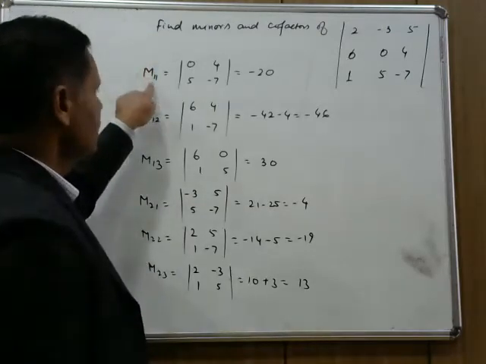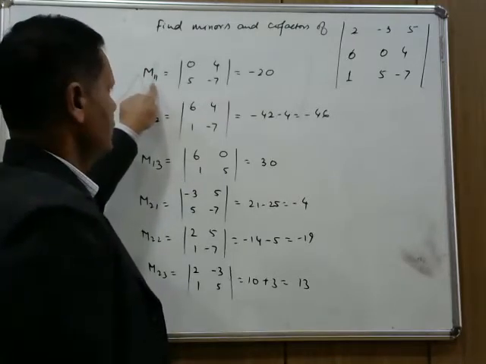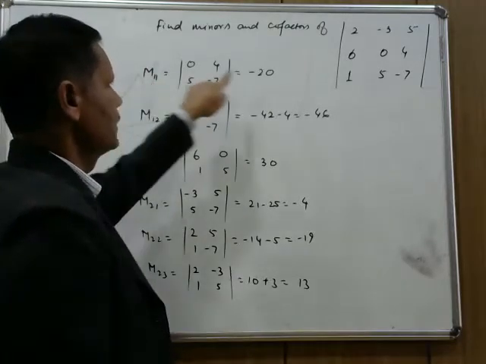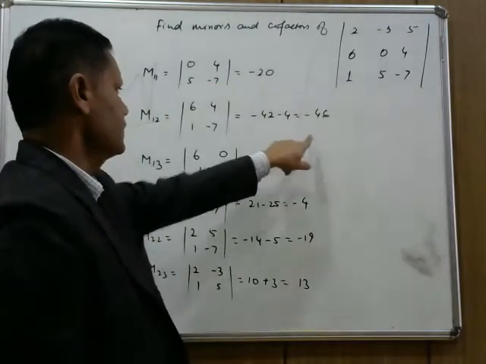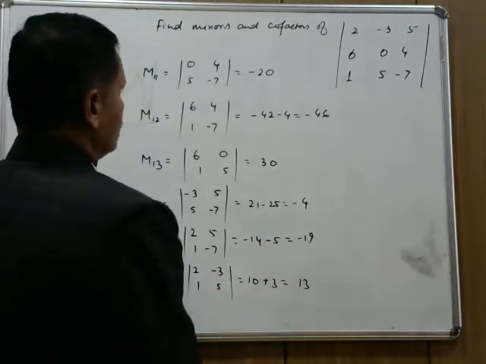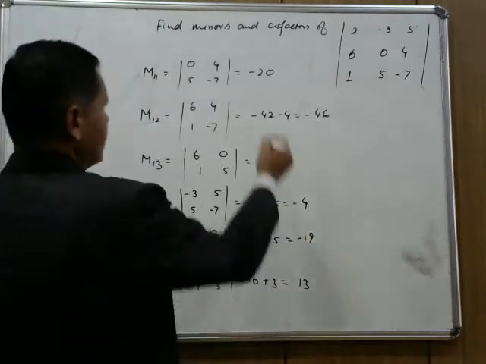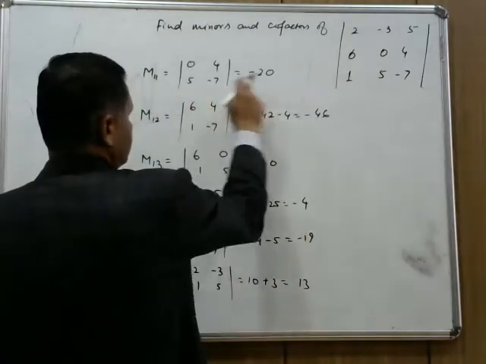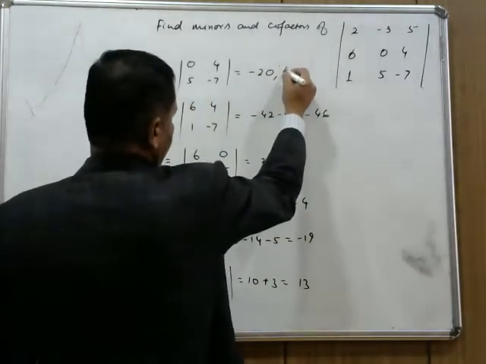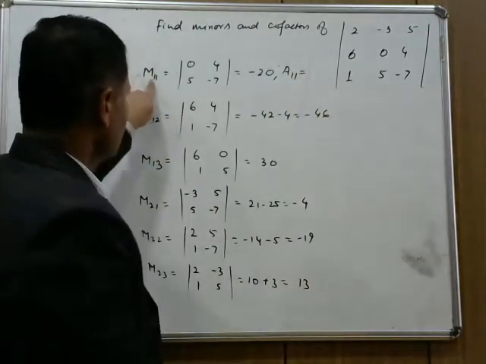See now here the minors are: minus 20, minus 46, 30, minus 4, 19 and 30. Now we know that the cofactors we denote by capital A. So now here I will write the minor is minus 20 and therefore A11 is equal to the sum of this row and column.